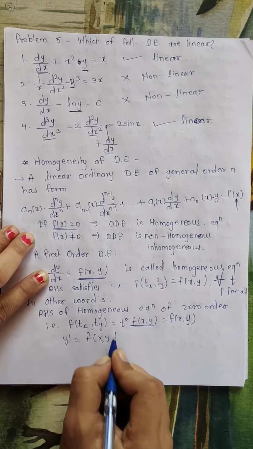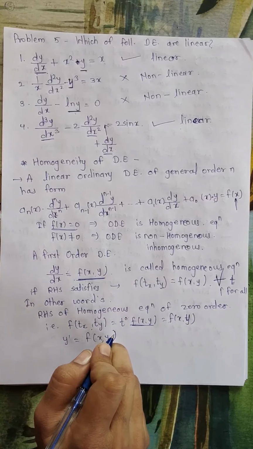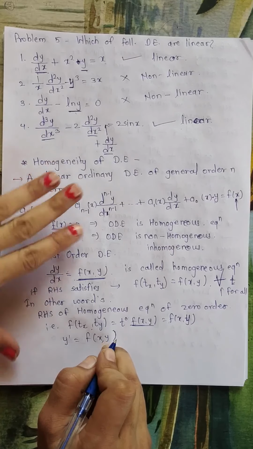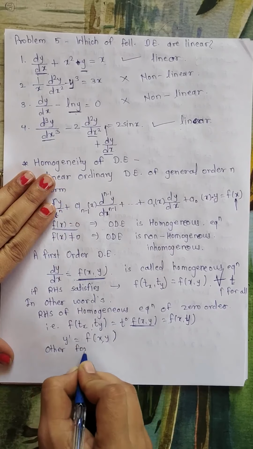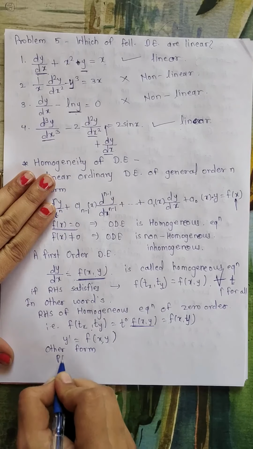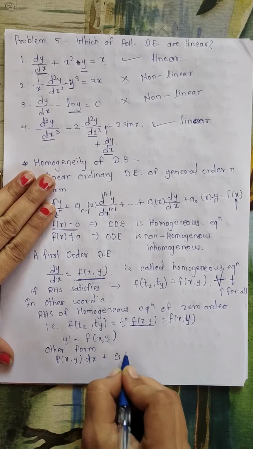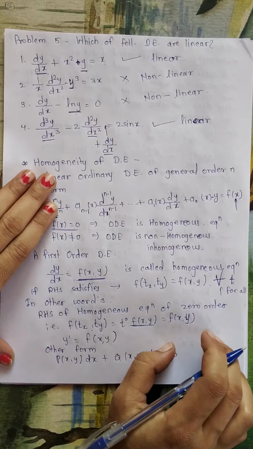So this is another way to write our first order differential equation. And alternatively, the other form of differential equation is P(x,y) dx plus Q(x,y) dy equals 0.